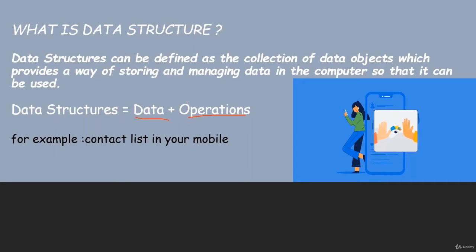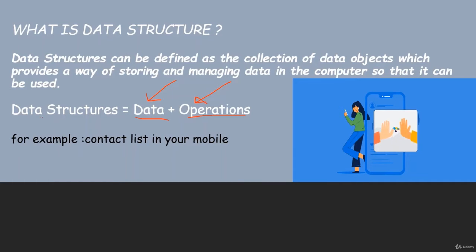So whatever these contacts are, it could be called as data. And operations like inserting, you can say adding, someone's new contact, deleting someone's contact, then changing, it means renaming the contact name. These operations could be performed on whatever data you have, that is whatever contacts you have.